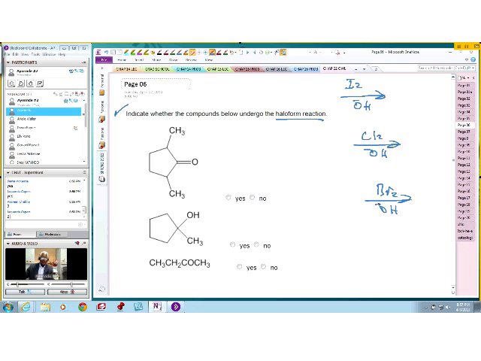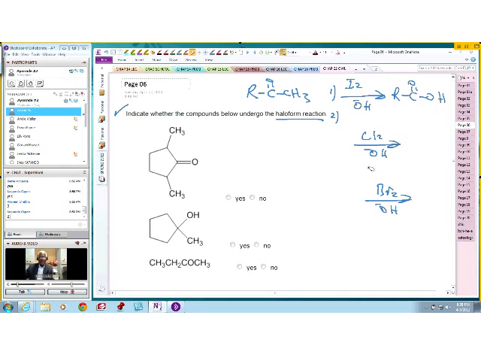Each one of these reactions reacts with a methyl ketone to give a carboxylate, and then when you add acid to it, of course, you get your carboxylic acid.